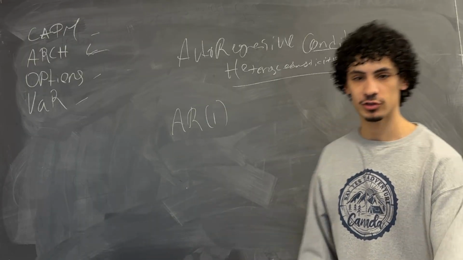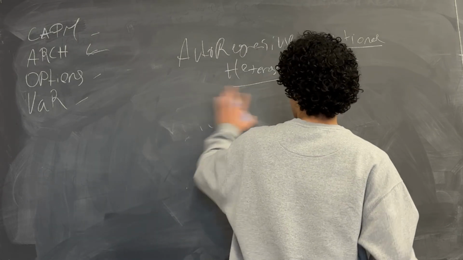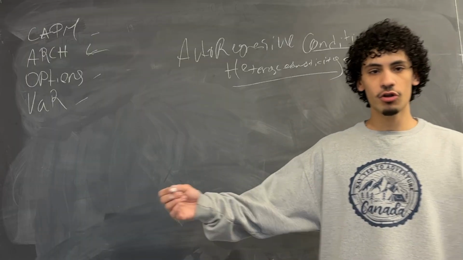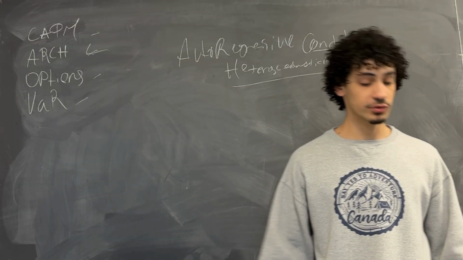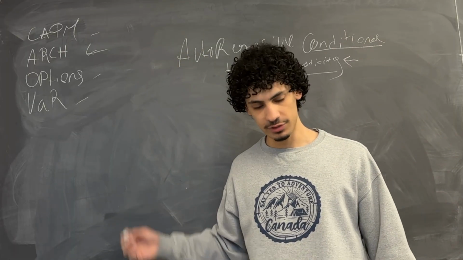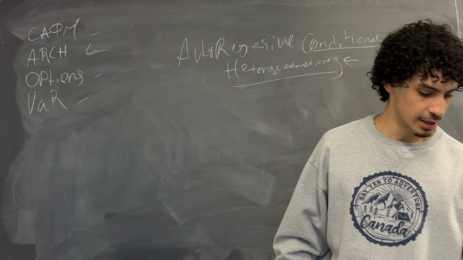So what does that mean for variance not to be constant? Here what we're saying is, in other models we assume constant variance. And the error term E, like how we said in the CAPM, is white noise. It's random.